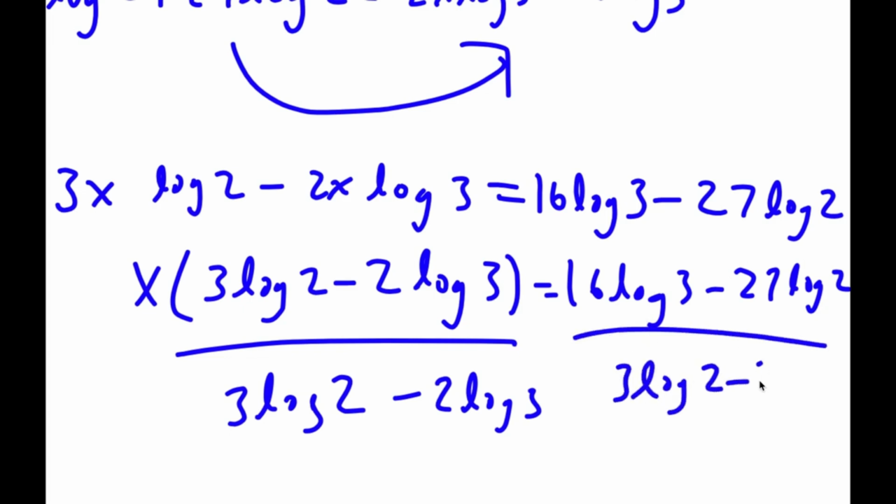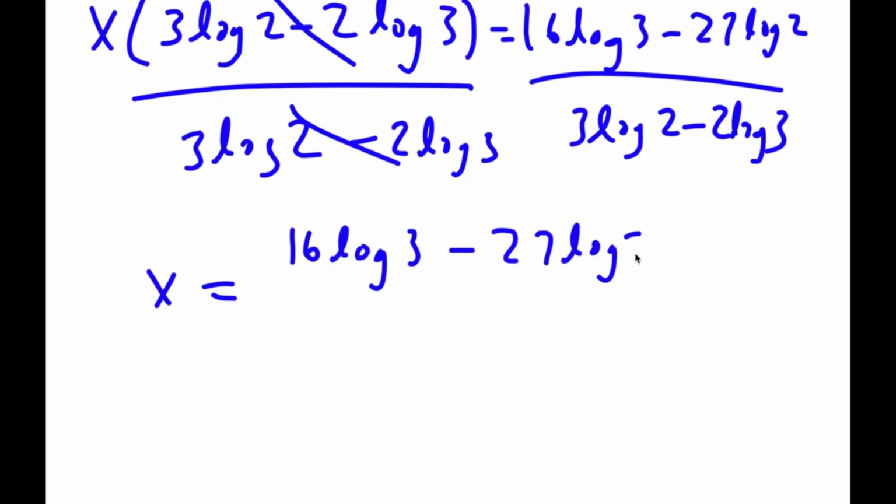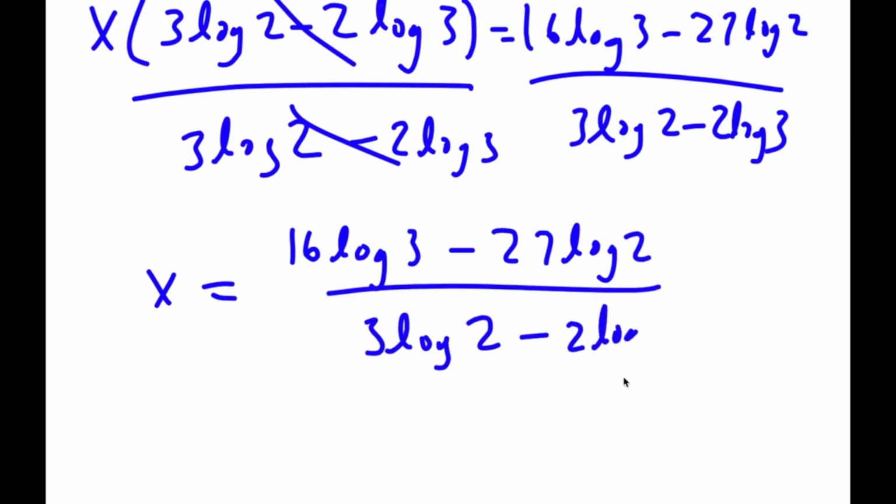These two cancel out, and I have x is equal to 16 log 3 minus 27 log 2 all over 3 log 2 minus 2 log 3.